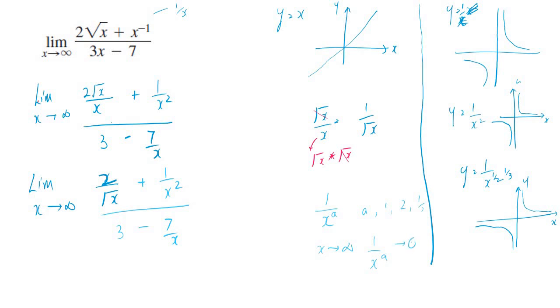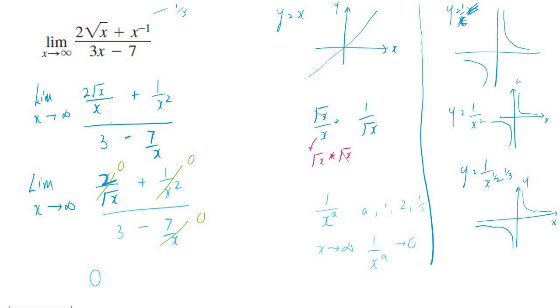We know that for sure. So now we see this tends to 0, this tends to 0, and this tends to 0. This remains 3 and this tends to 0 as well. So the answer would be 0 here.